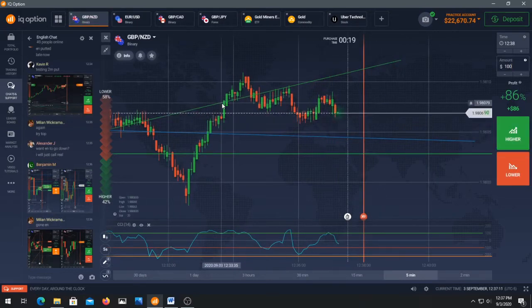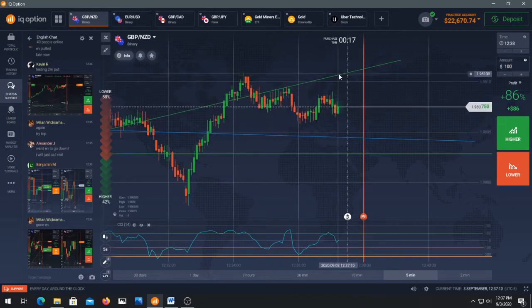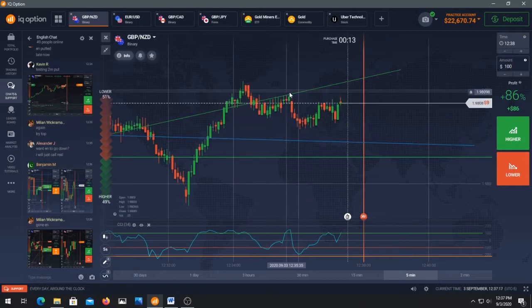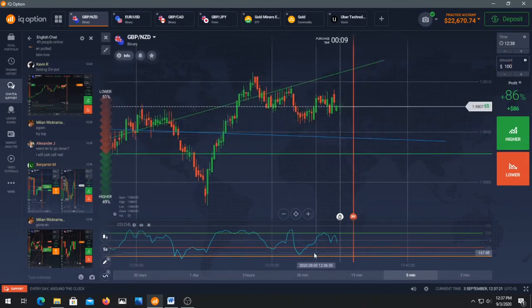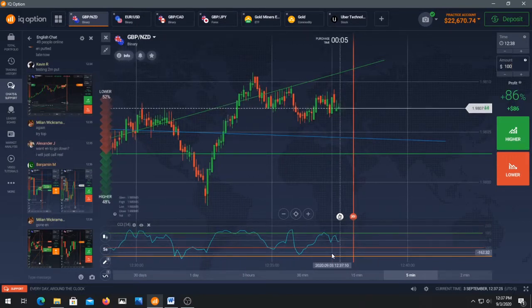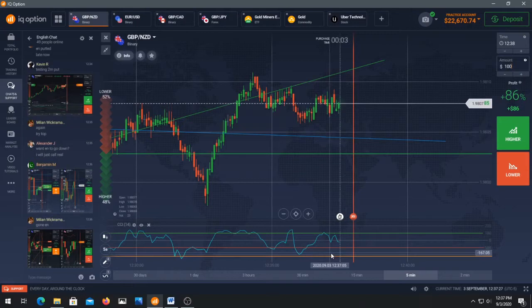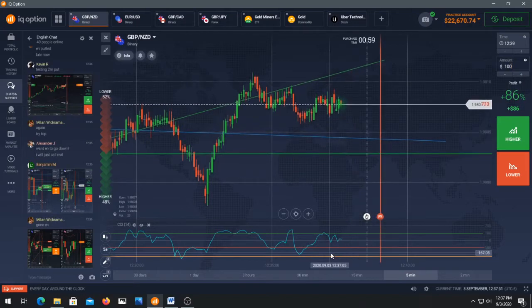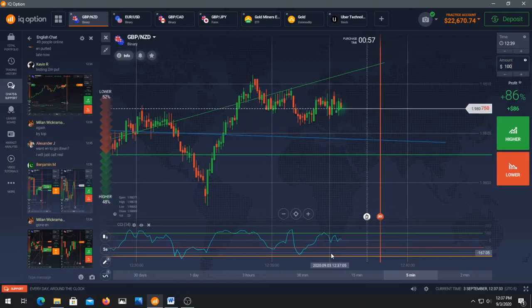As I can say, this line, my green line, signifies my line of support, but now this line seems to be a line of resistance. So let's watch and see. Currently, according to CCI, it's not yet totally oversold or overbought.